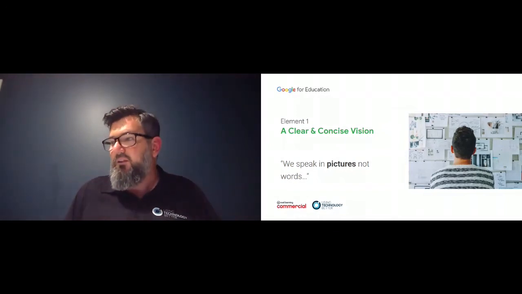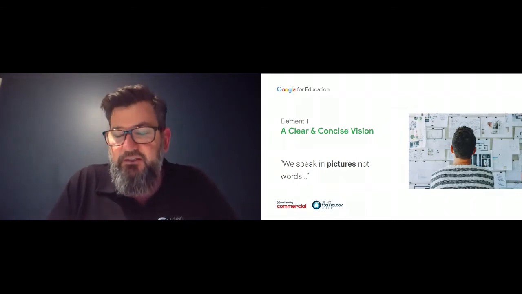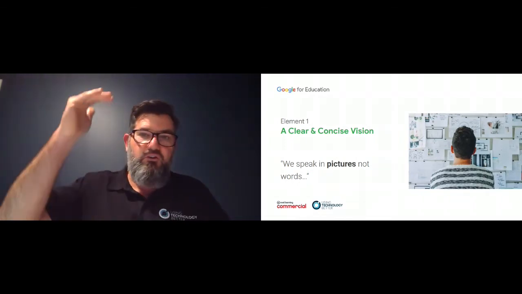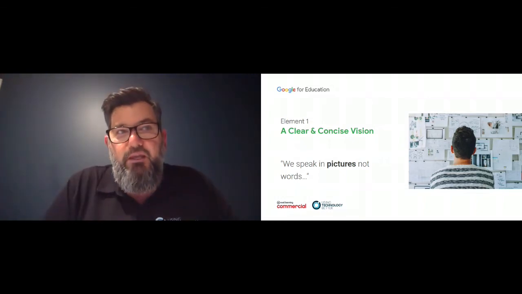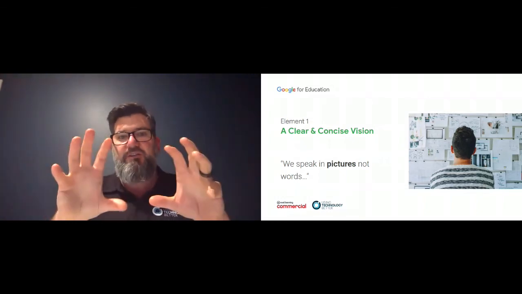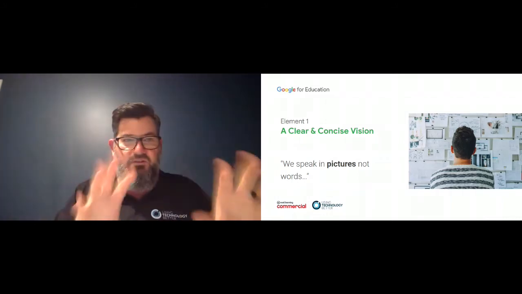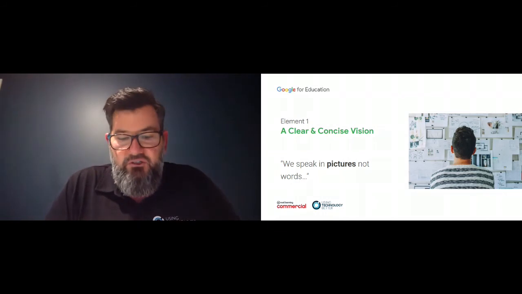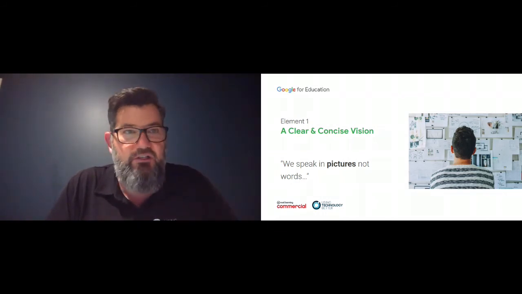Now, one of the surveys we have, and I'll give you this as a survey tool at the end of this, is that we survey schools if they do a program of works with us, where we ask your leadership team and then we ask your teaching team a series of questions around each of these 7 elements. And one of the questions we ask is, in one sentence or less, tell me what the school vision is.